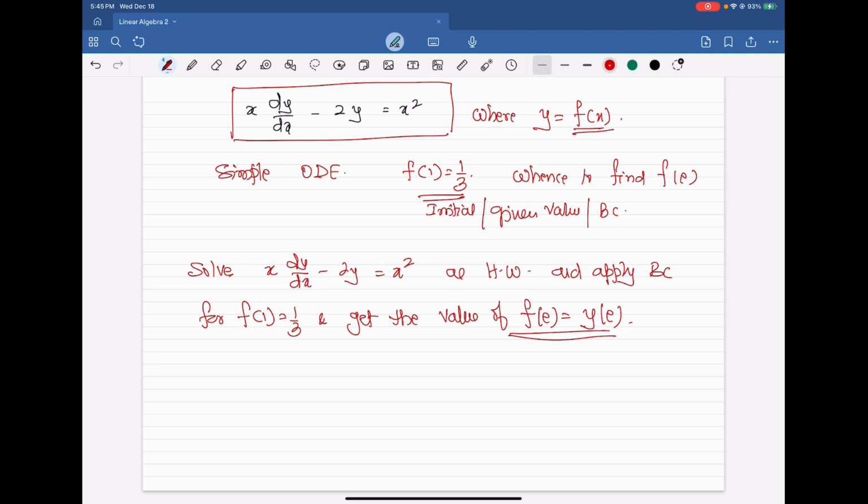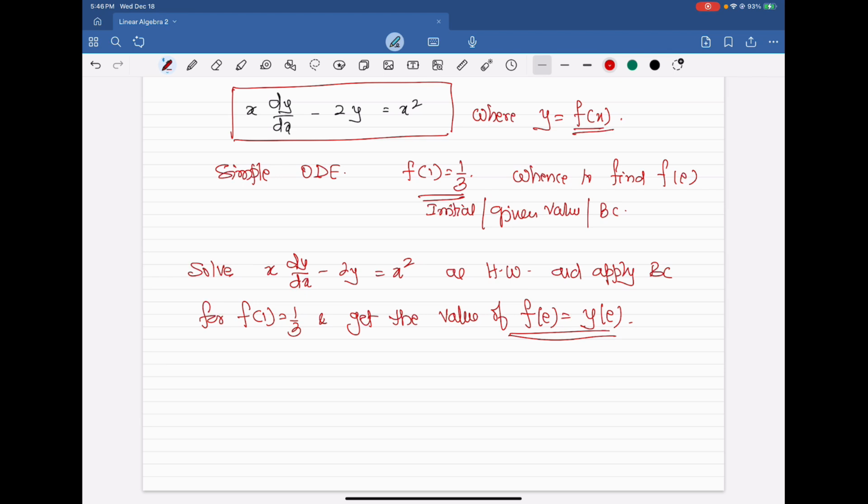Because today's lecture is a little bit long, I have taken a little more time for explaining this in detail so that you will understand all the three conditions.